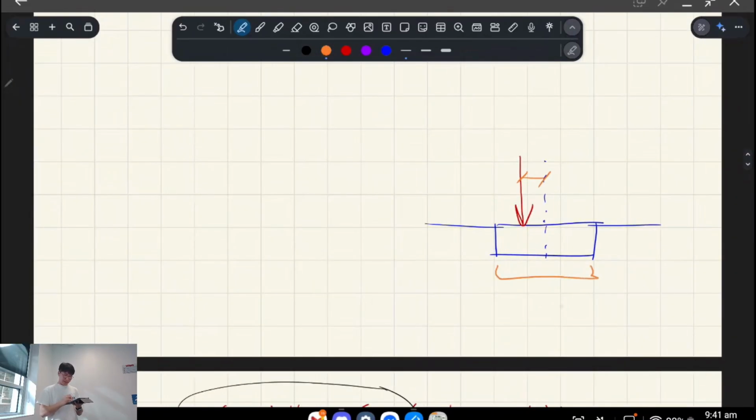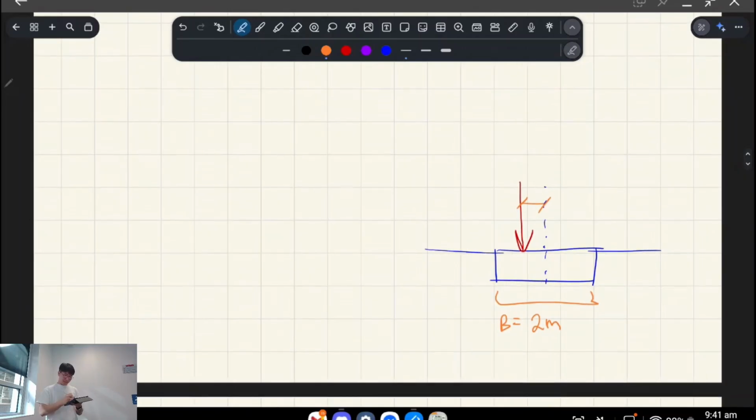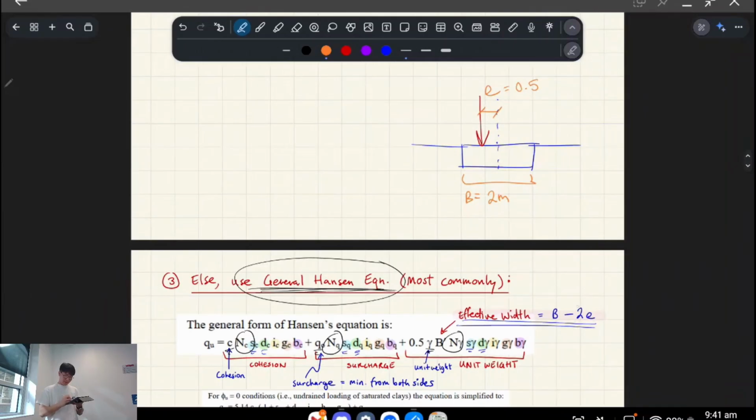So if this pad is 2 meters wide, and we have an eccentricity here, let's say of 0.5, we have to use this formula to find the effective width: B minus 2E, okay? So we plug in 0.5 for E and 2 for B. That gives us an effective width of 1 meter, right?